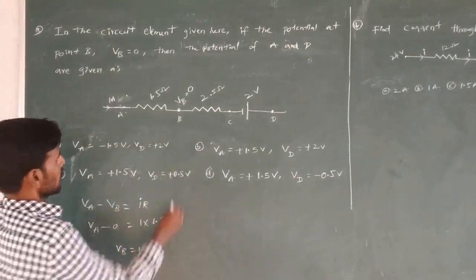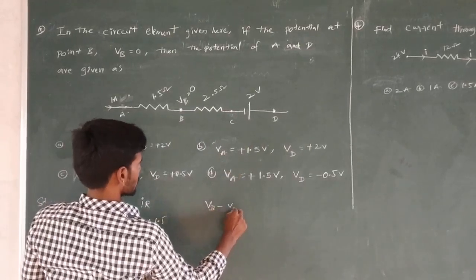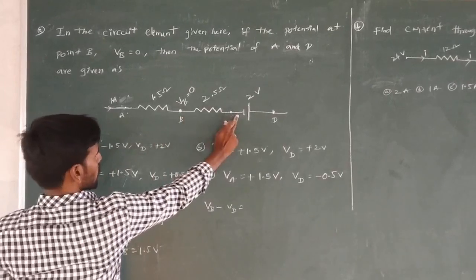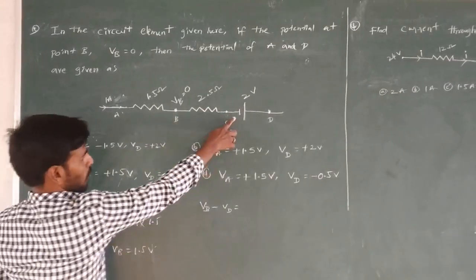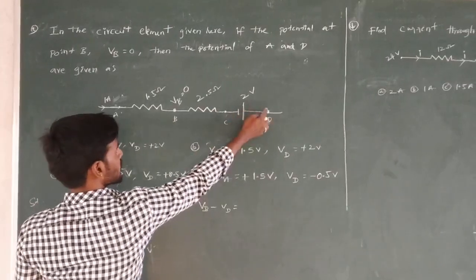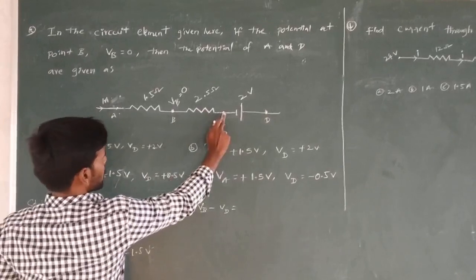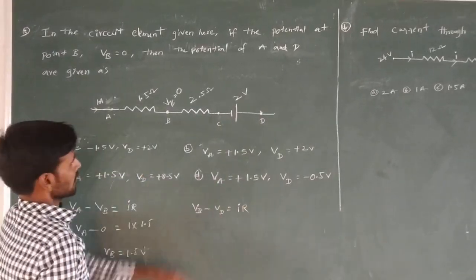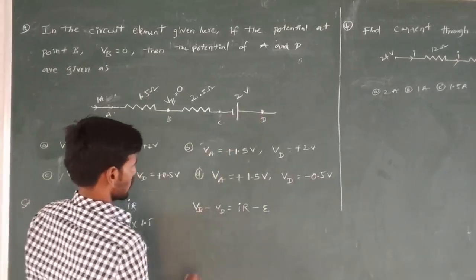Next, from B to D: VB minus VD. From B to C, the potential is moving from higher to lower, and higher to lower represents a positive. From C to D, the potential is increasing, lower to higher, which represents a negative. So from B to C it is IR, and from C to D it is minus epsilon.